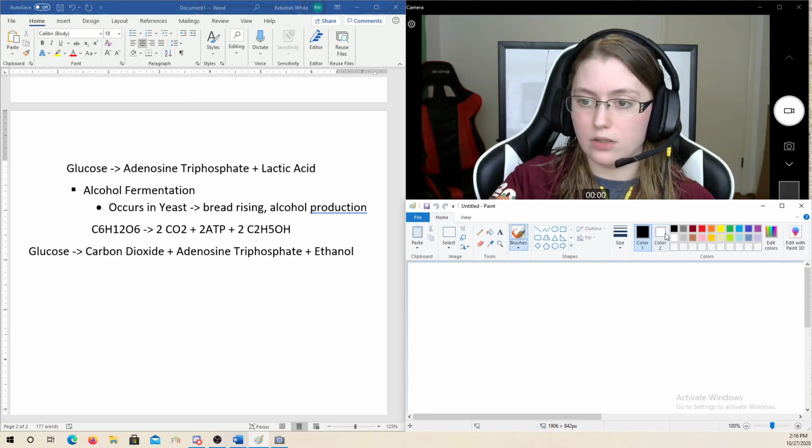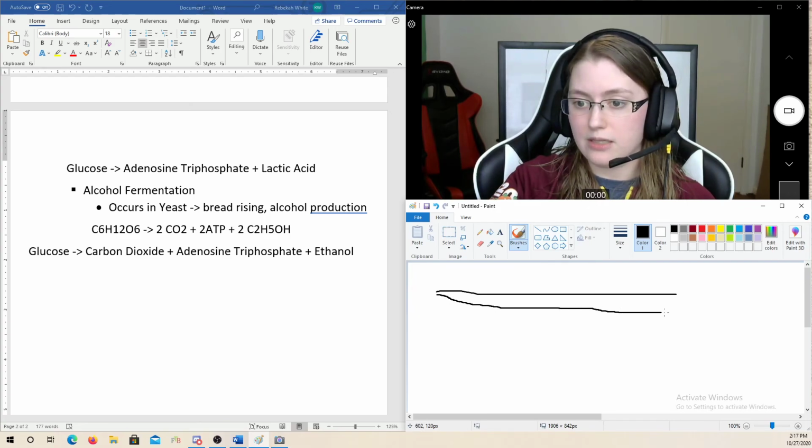There's going to be a tapered tube that looks like this, and there's going to be a red ball of liquid in that tube. The graduation tick marks will be on the top.